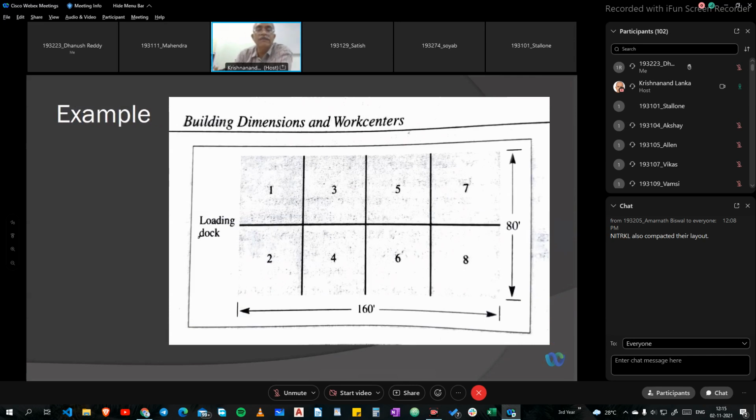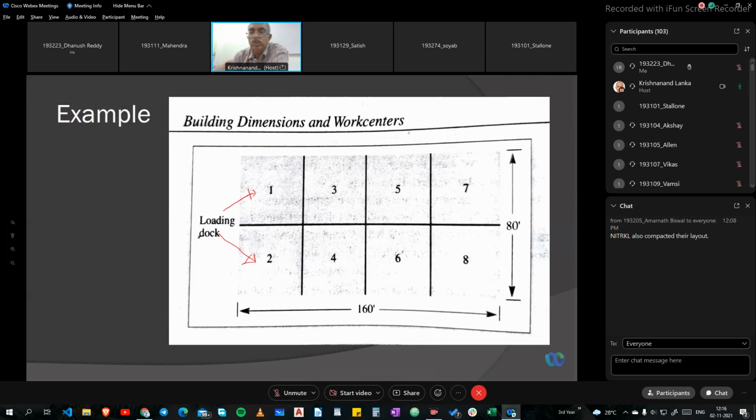For example, here you have a loading dock, right? This loading dock may have an interaction with final assembly or something like that. So final assembly may have to come here, or the incoming. Those departments which have to be regularly in touch with loading and unloading may have to be kept at the end.